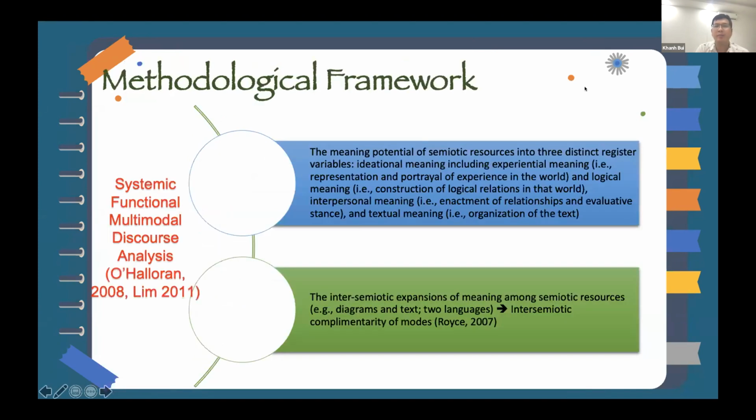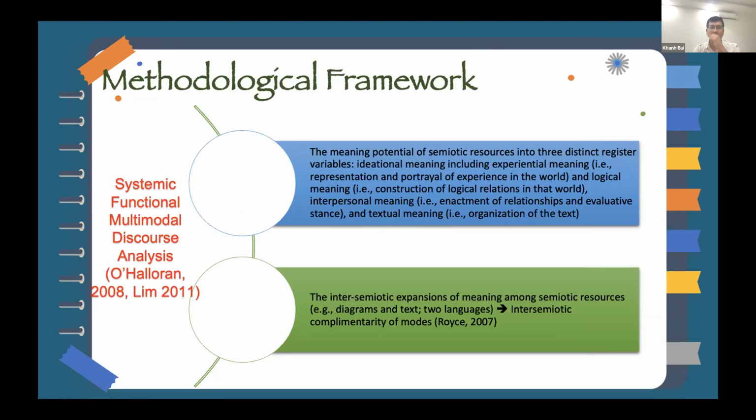The methodological framework for the study, and also the focus of this presentation today, is systemic functional multimodal discourse analysis. We use this framework to analyze how youth make meaning through different semiotic resources.